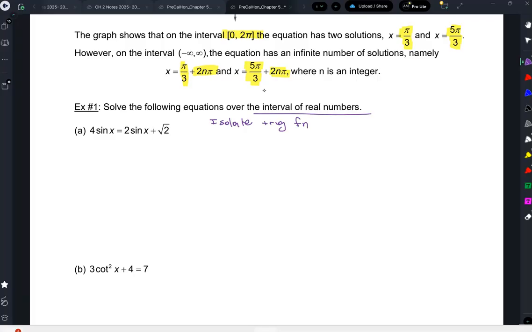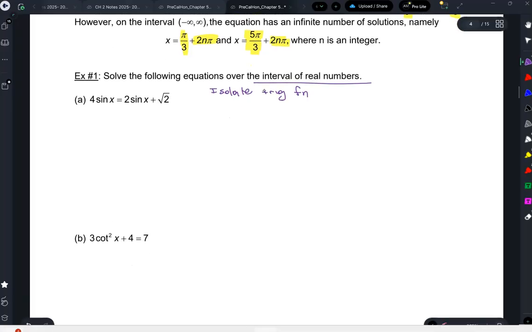So here we subtract 2 sine x, so I get 2 sine x is equal to root 2. Then divide by 2, so sine x is equal to root 2 over 2.